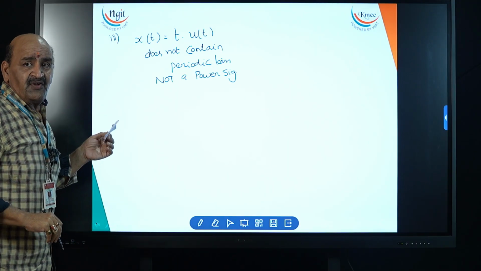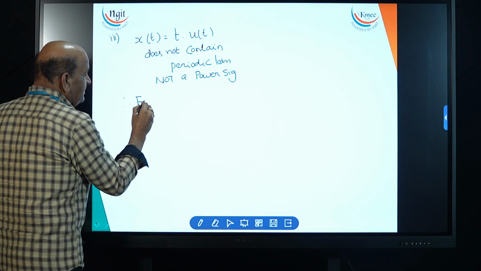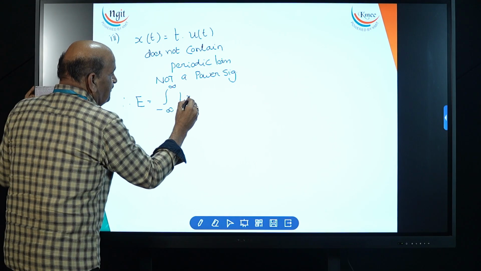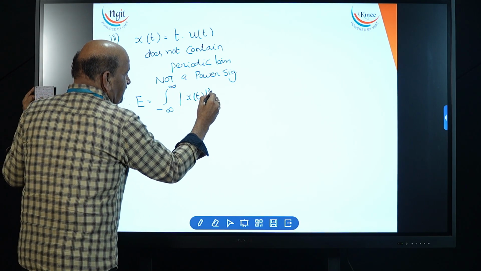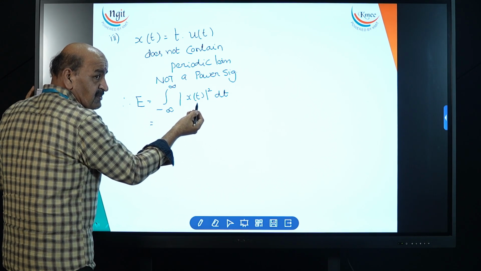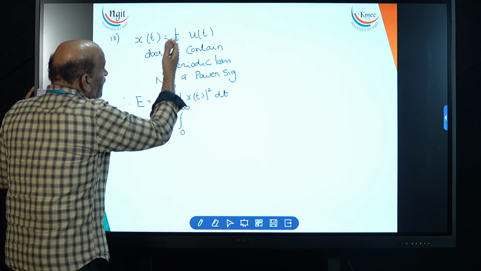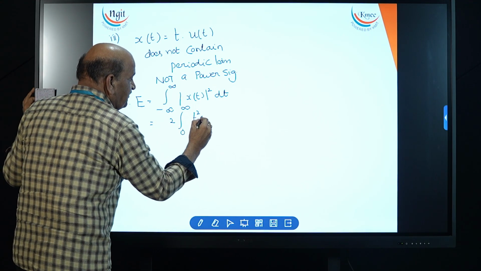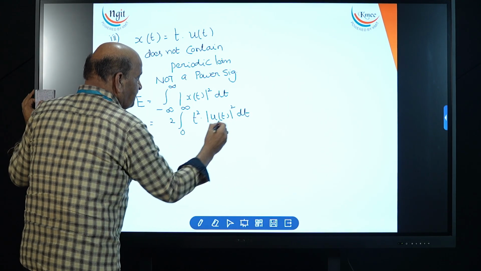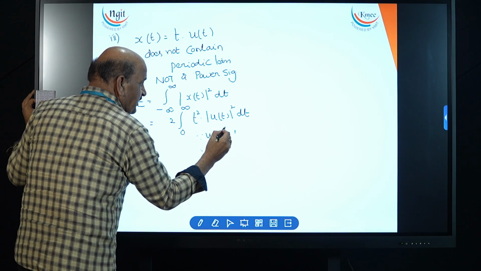Next, we have to calculate for the energy signal. Energy is the integral from minus infinity to infinity of the given signal x of t squared dt. Because the inner function is squared, it is an even function, so it becomes 2 times the integral from 0 to infinity of t squared, and the unit step function u of t mod squared is equal to 1.